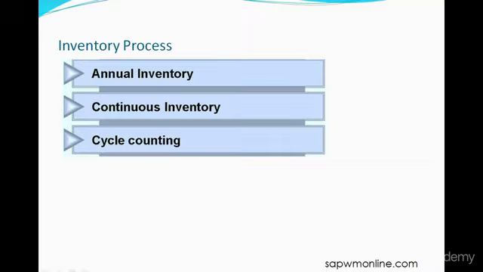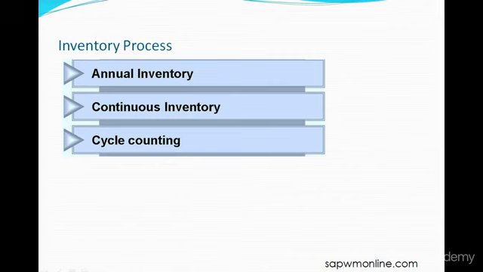Then we have something called the cycle count. This is a different way of inventory. In cycle count, we typically mark the goods with the ABC indicator, A being the most valuable and high value material, and D meaning the least value material.